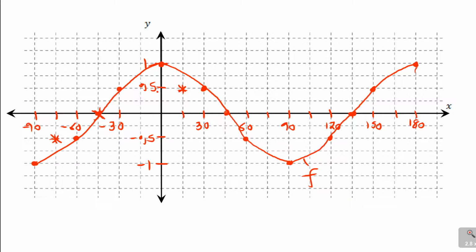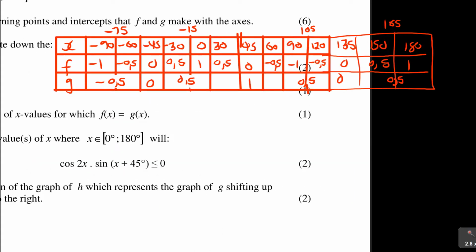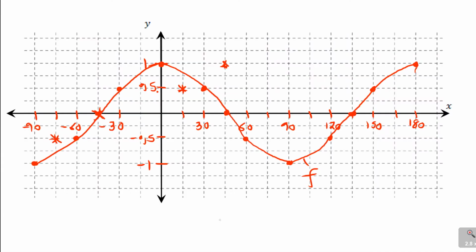I've got 45, it will go to 1. Okay, let's do that. It's fine. 45 is 1. 105 is 0.5.